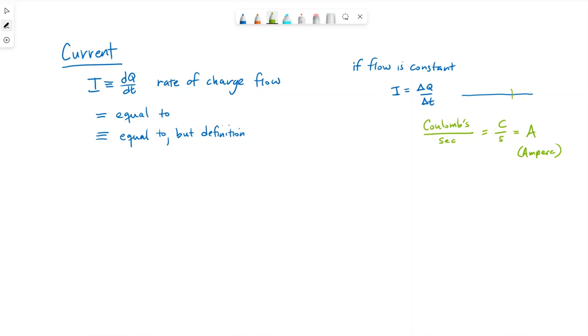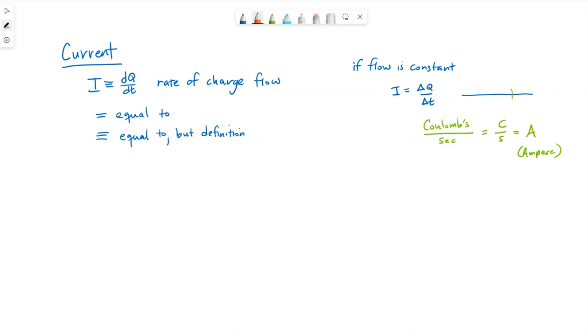Now, our current textbook talks more about microscopically what's going on. When we talk about coulombs per second, we're not talking about a total number of electrons flowing and moving all the way through a circuit.